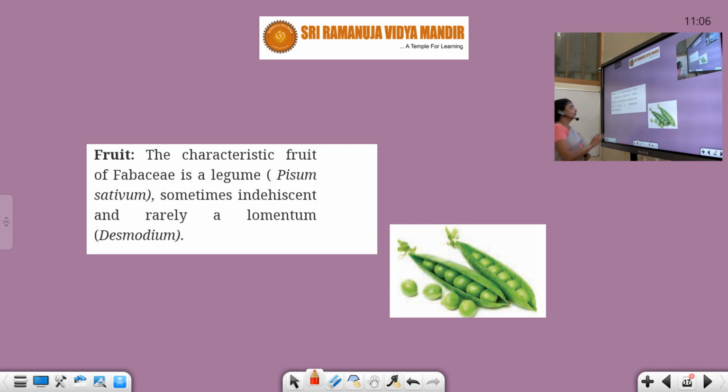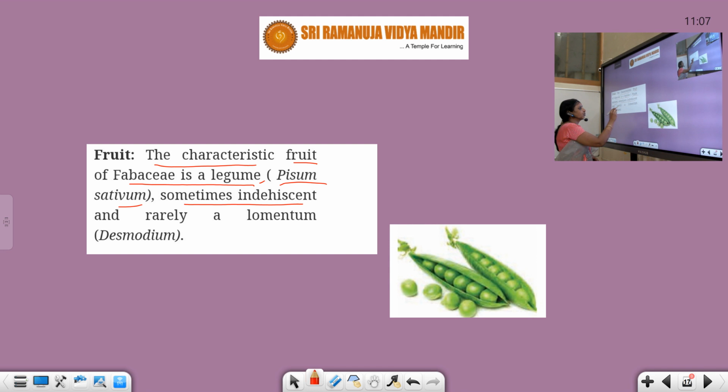The characteristic of the fruit of Fabaceae is that it is a legume, a dehiscent, dry fruit. Dehiscent fruit means here dry dehiscent: the fruit, when it reaches maturity, breaks and then liberates seeds. So, Pisum sativum, sometimes indehiscent also, and rarely in Desmodium a lomentum type.